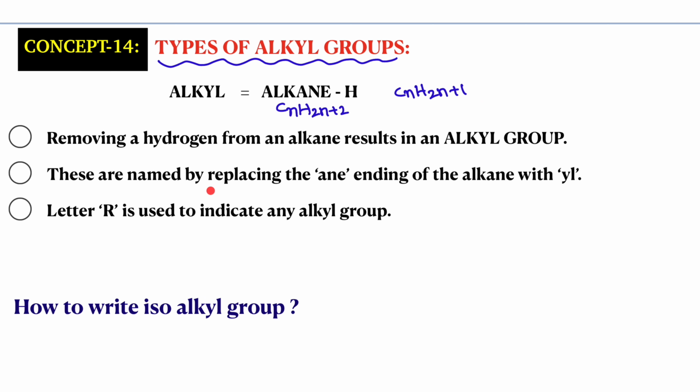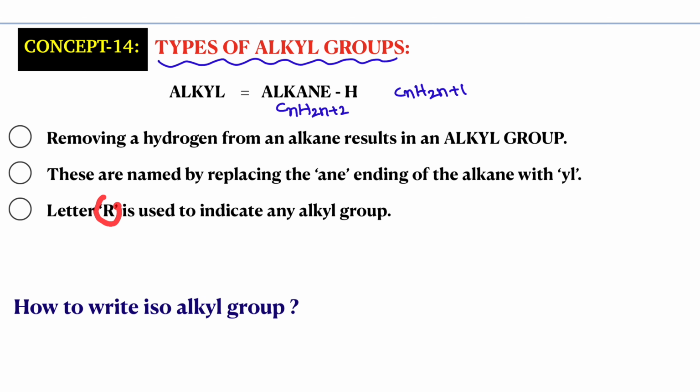These are named by replacing ane in the alkane name with yl. Methane, methyl, ethane, ethyl, propane, propyl, like that.